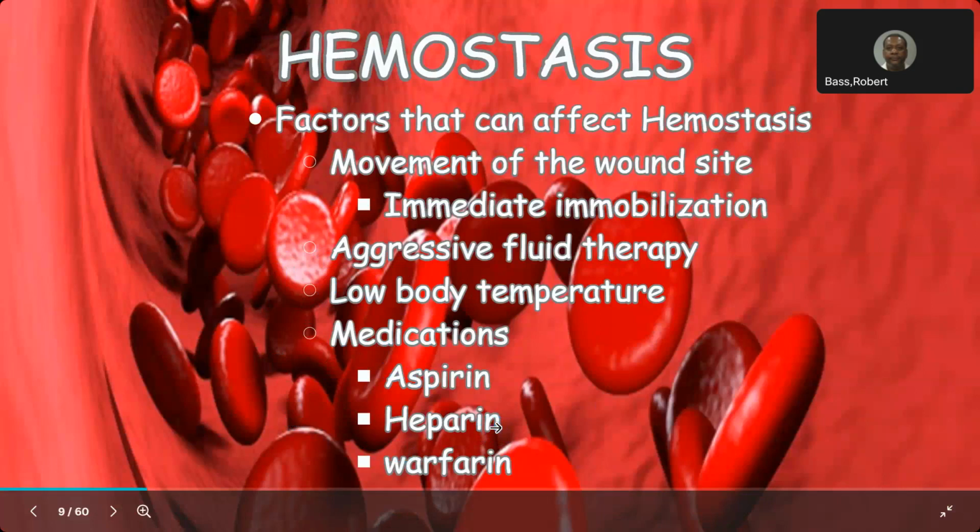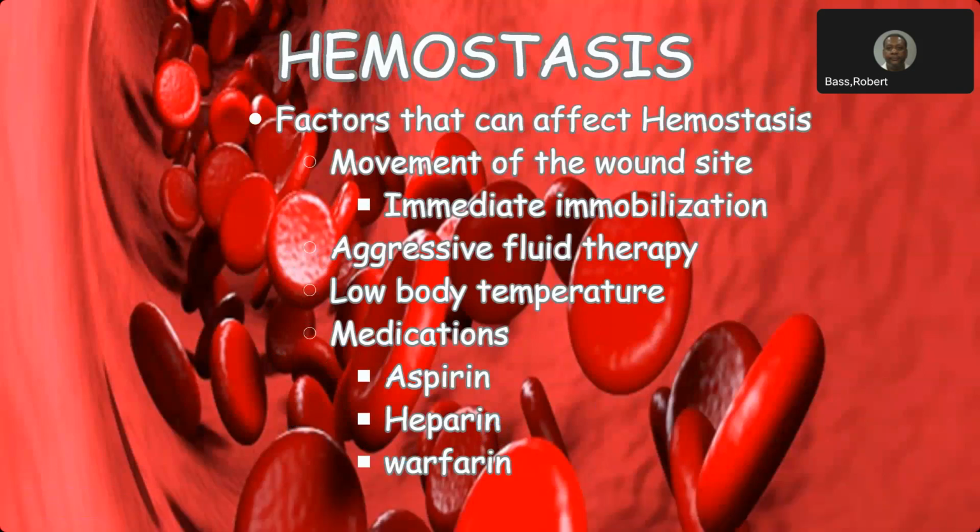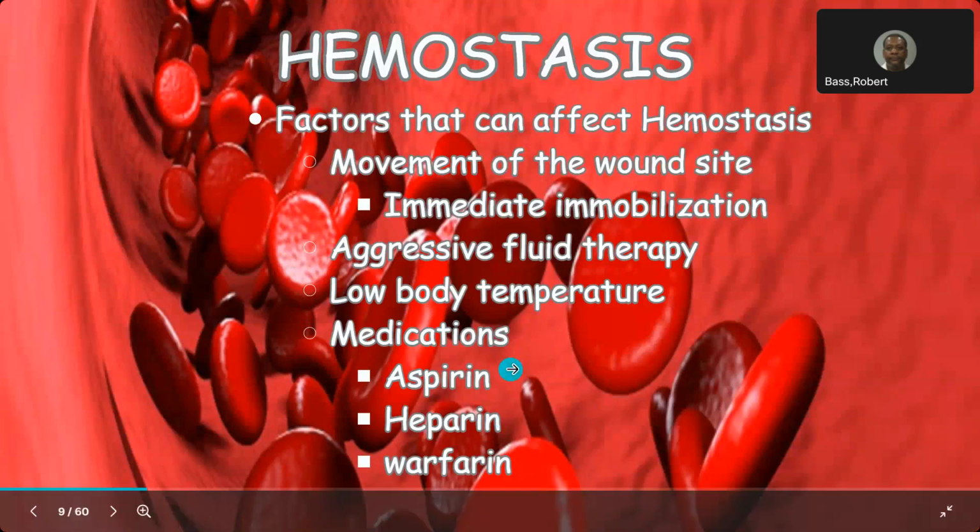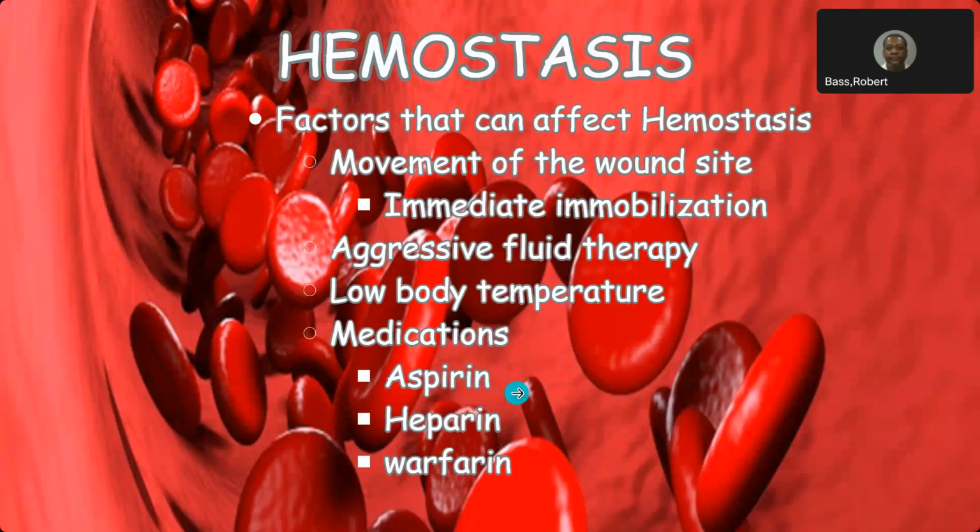This puts these patients at an increased risk of bleeding. It can worsen the bleed, and we're looking at medications like aspirin, Coumadin, Lovenox, Plavix, Brilinta. Once again, these medications worsen bleeding.